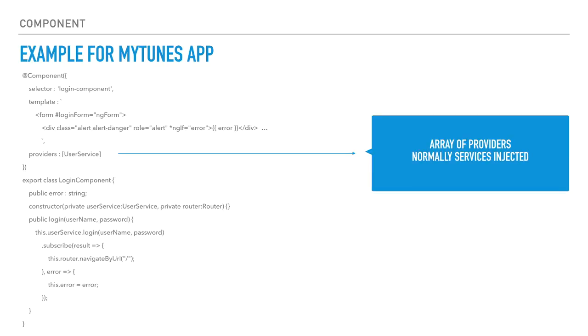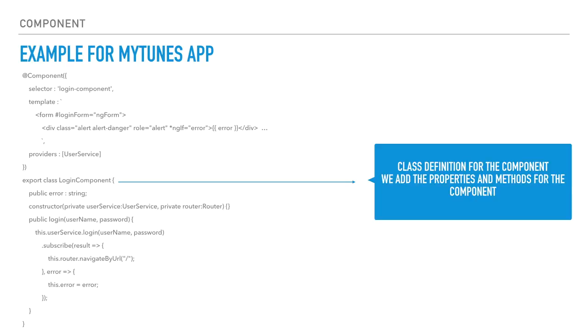So in this case, we are telling this component, yes, I need an instance of the user service. Finally, we get to the class. This is a TypeScript class. And we define the logic of our component.